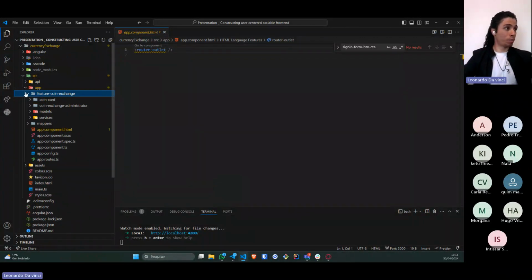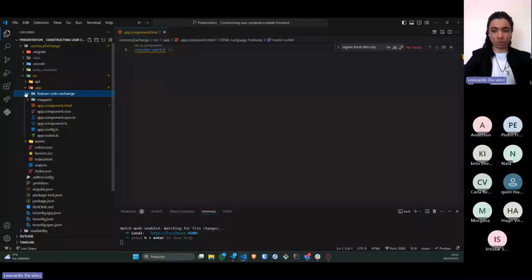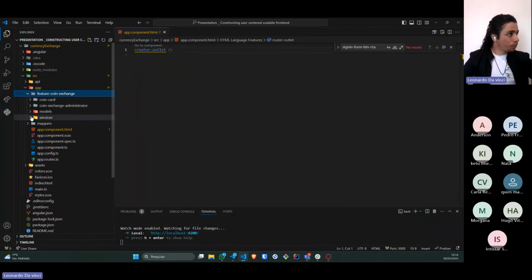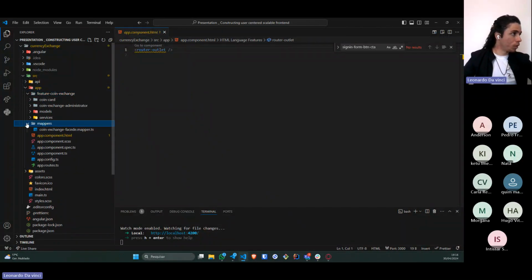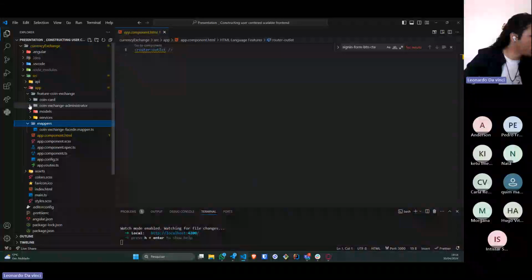And that's what gives power to this architecture, because everybody could use it. So everybody can do whatever they want. One entire team can be working in here, another entire team can be working in the other feature, and so on and so forth.